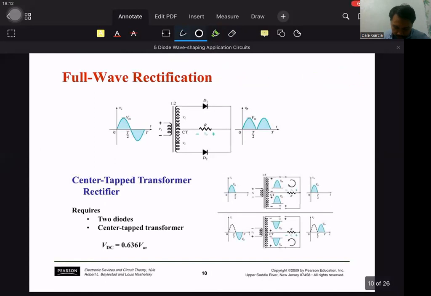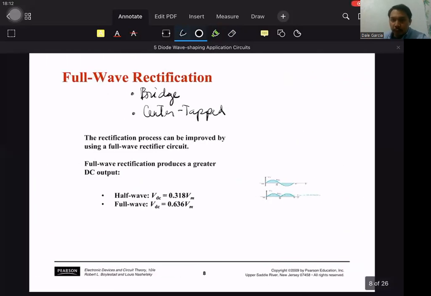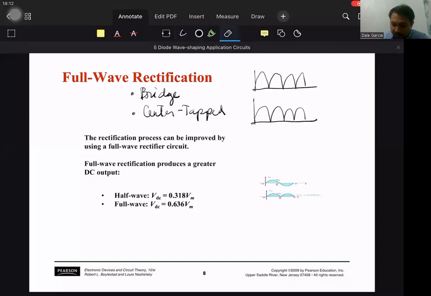So both work the same way in terms of functionality, no? With a bridge rectifier the output is the same, and with the center tap the output is also the same. They differ in terms of circuit appearance. So what does a bridge rectifier look like?